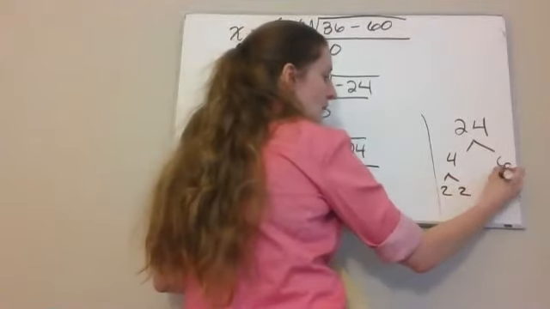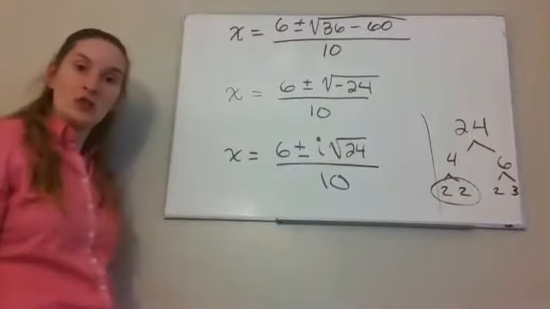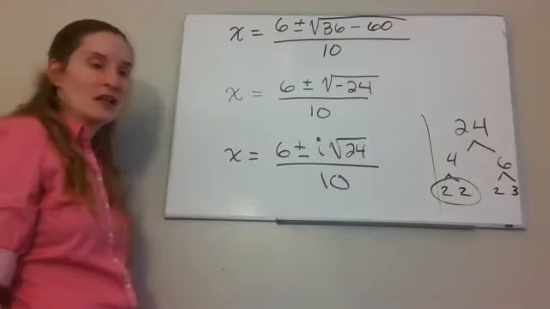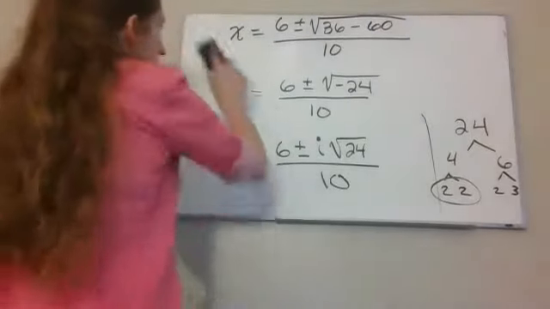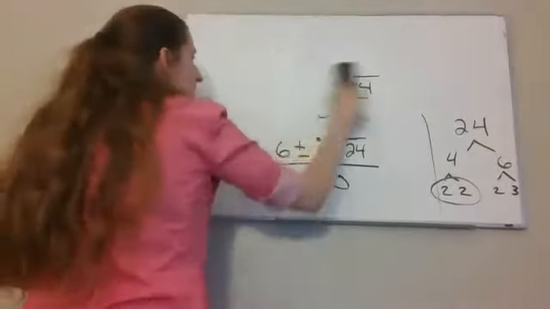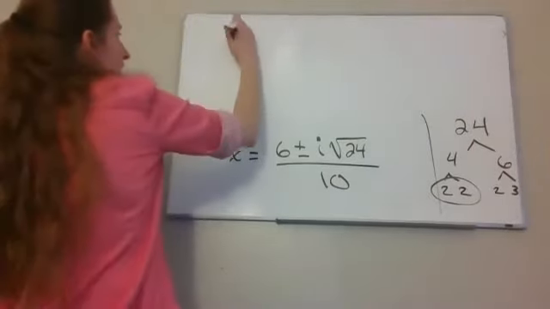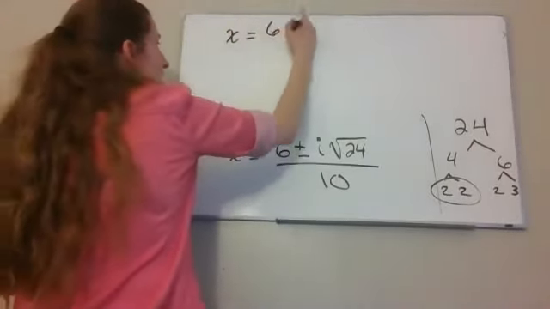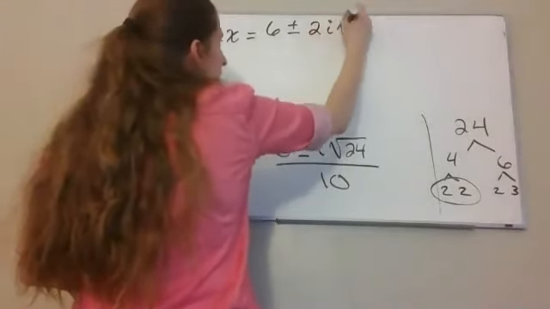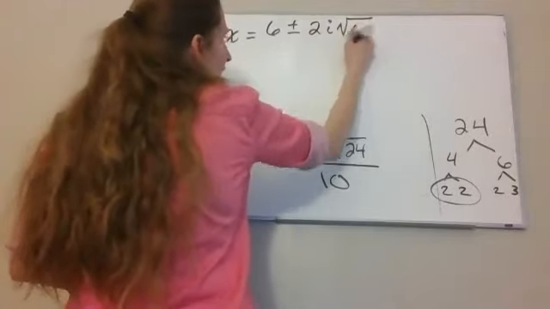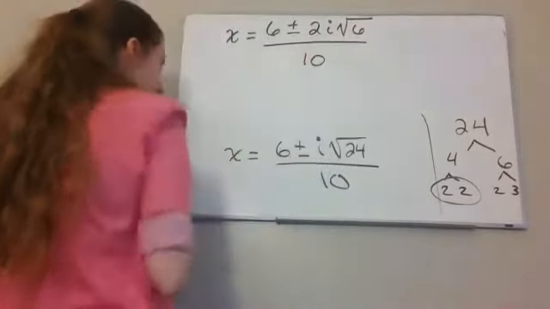So I have 2 times 2 and 2 times 3. This means that I have a 2 that gets to come out of the root, and that 2 times 3 stays underneath the root. And we get x equals 6 plus or minus 2i times the square root of 6 all over 10.